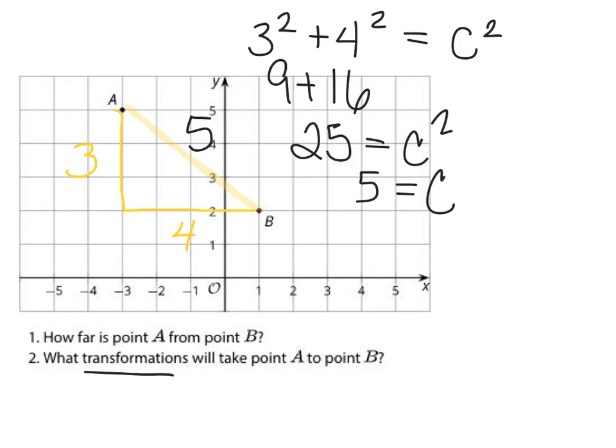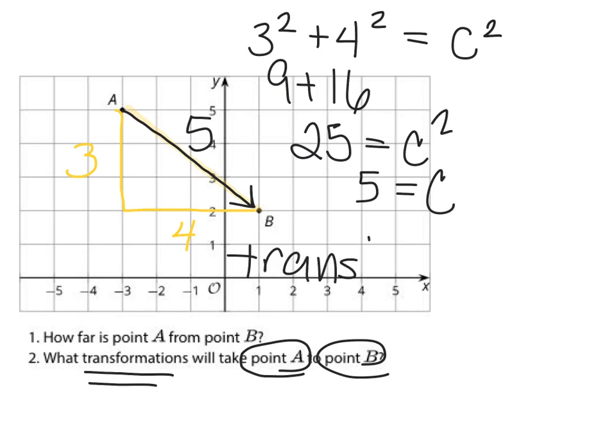Now, what transformations? We talked about transformations a long time ago. What transformations will take point A to point B? What do you guys think? Okay, how about a translation?